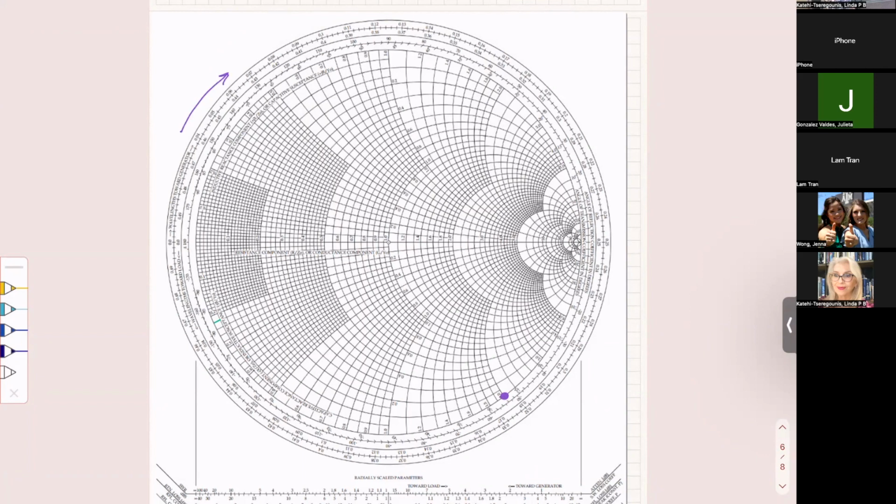If the stub is open, meaning infinite impedance, its admittance is 0.